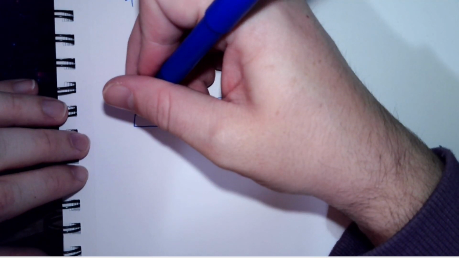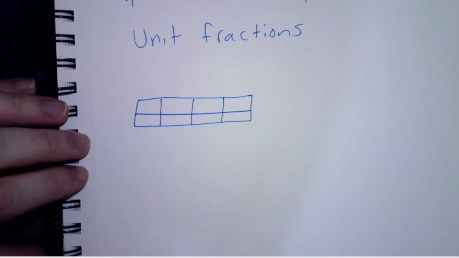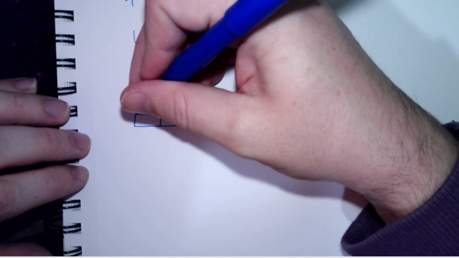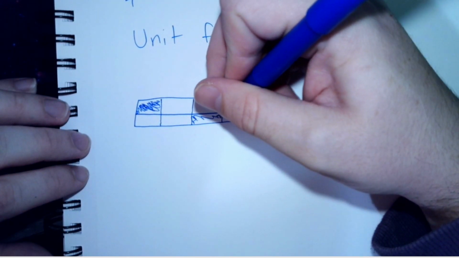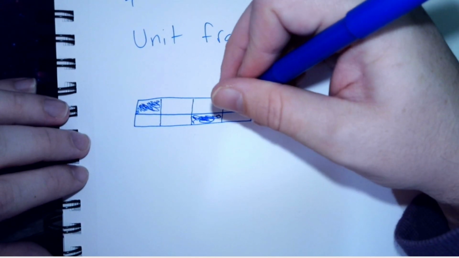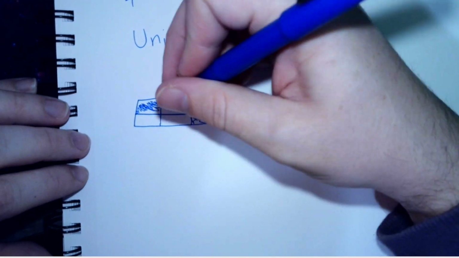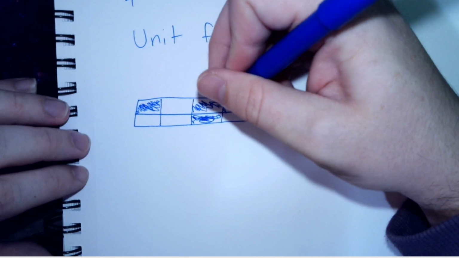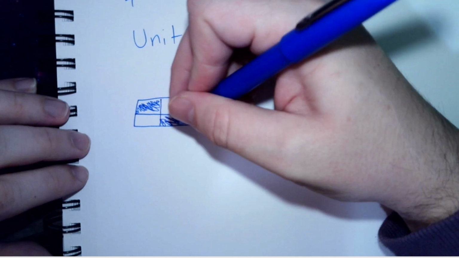Let's cut this one into eighths. Okay, so let's say we shade it in. There's one, and we don't even have to shade them all right beside each other. We could say one, two, and then three, four. How about five? We'll do five of them.